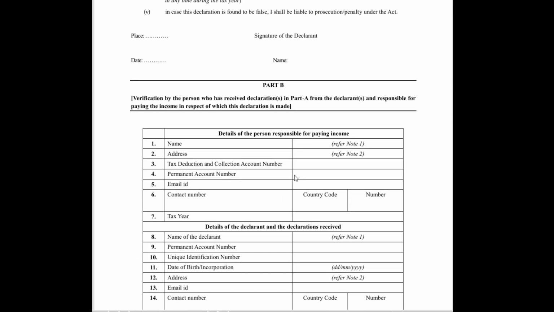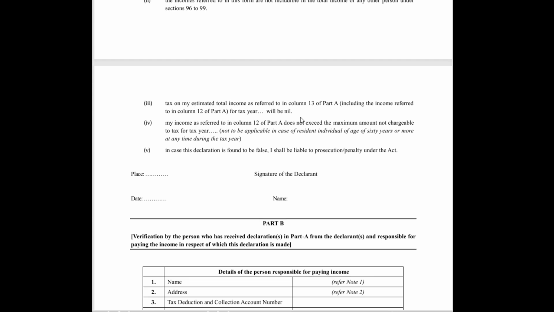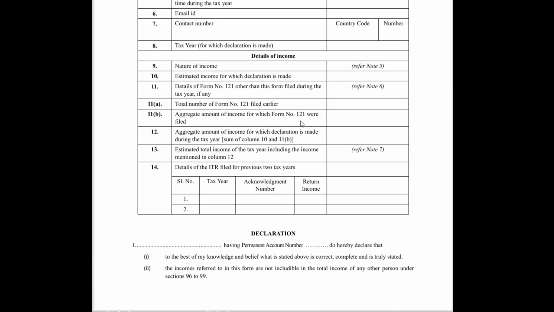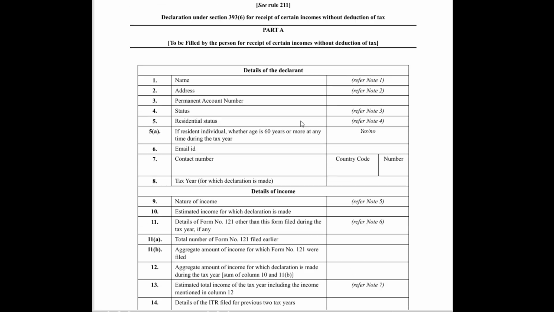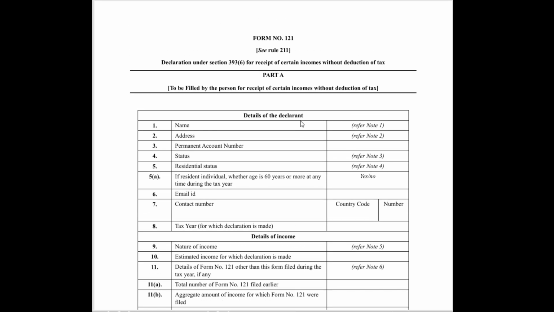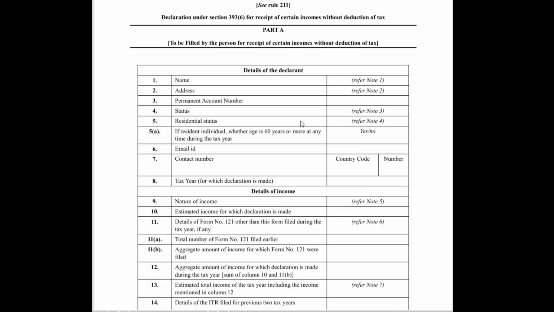Part B is for the person who has received declarations, who has to verify certain documents or details and then submit, so you don't have to worry about Part B. For an individual, it is only this portion which you have to fill and submit, whether you are below 60 years or above 60 years. It is one consolidated Form 121 which you need to submit.